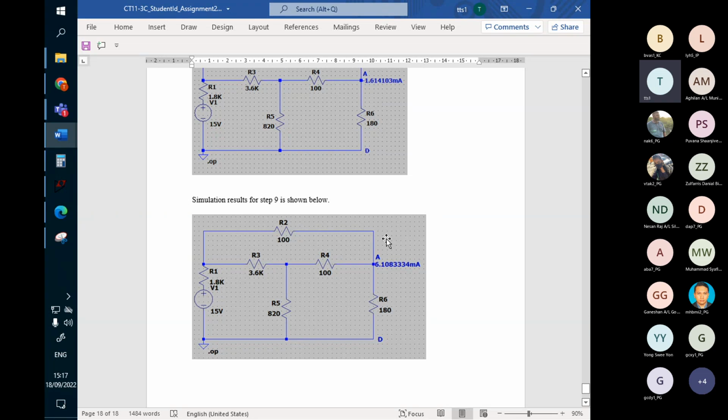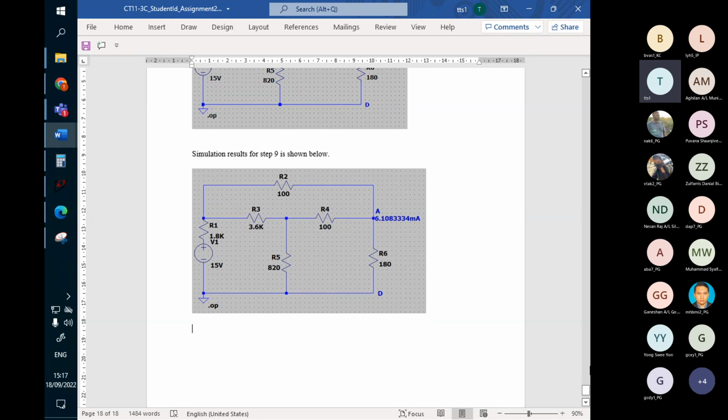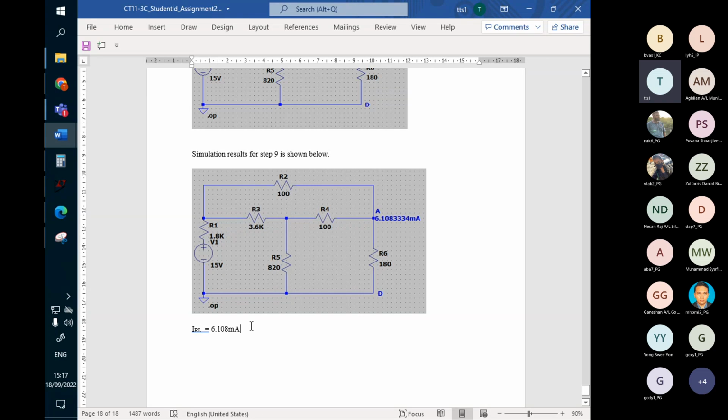So what we do now is just type it in here. IRL is equal to, from the figure, 6.108 milliampere. Convert this one to subscript. Okay, that's it. If you want to make it look better, of course you can underline it.